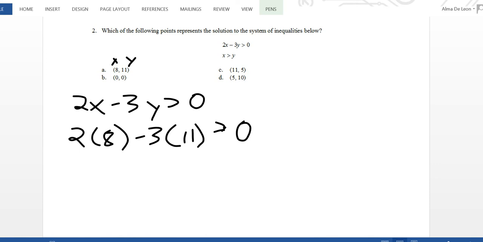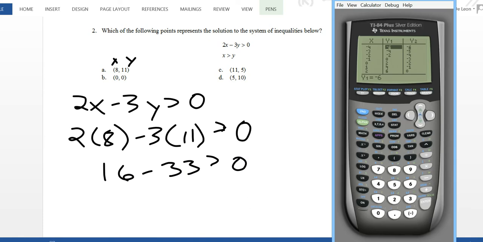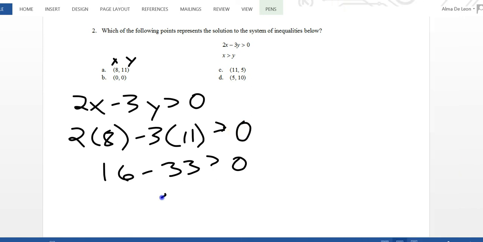So let's try it. 2 times 8 is 16 minus 33. And actually, let's put this in the calculator. 16 minus 33 is negative 17. Negative 17 is not bigger than 0. So we can eliminate answer choice A.